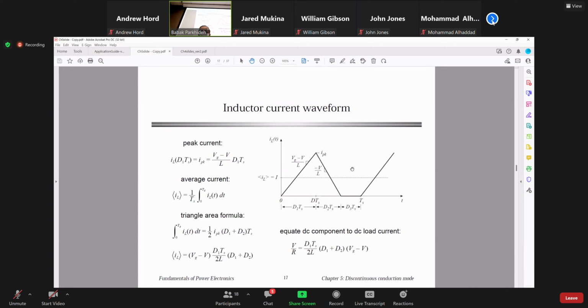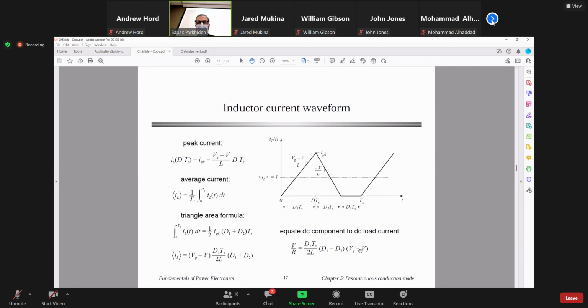To calculate this average, you need to know the peak value, and you need the base, which is D1 plus D2. So using this equation, now you have a set of equations with D2. You find D2 from one and substitute in the other equation, and boom. You now have the relationship that relates input to output.